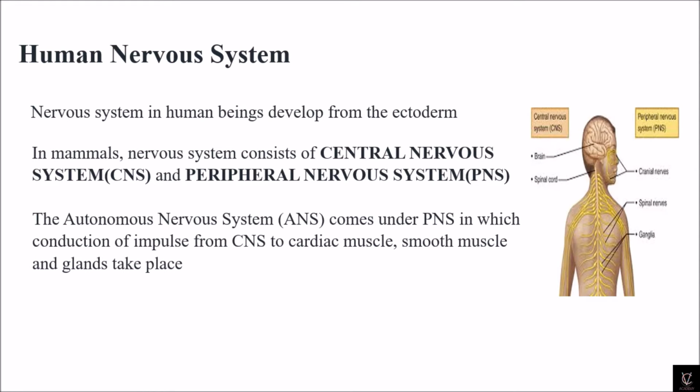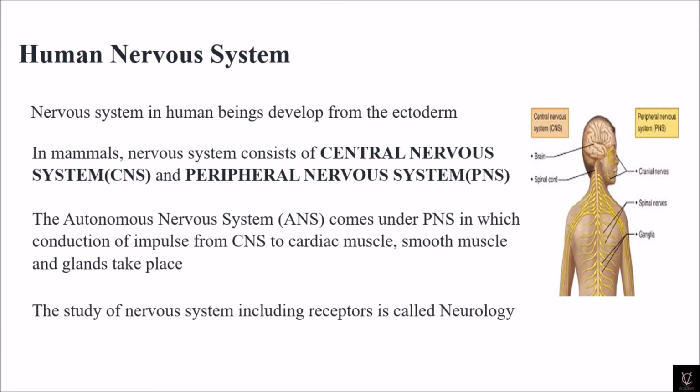The autonomous nervous system, or ANS, comes under PNS, in which conduction of impulse from CNS to cardiac muscle, smooth muscle and glands takes place. The study of the nervous system, including receptors, is called neurology.